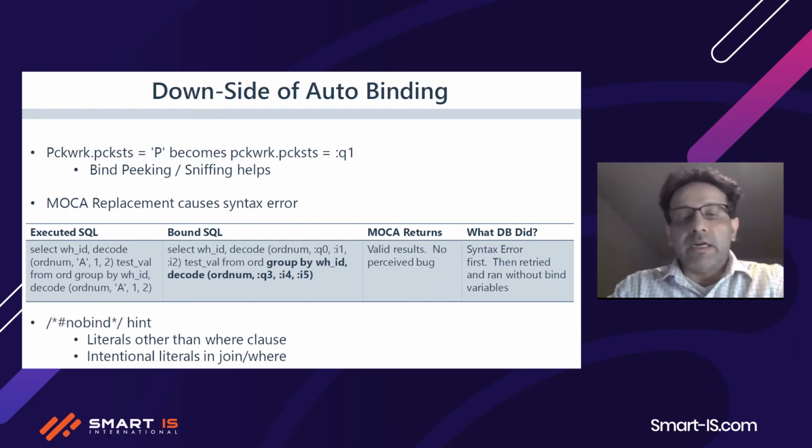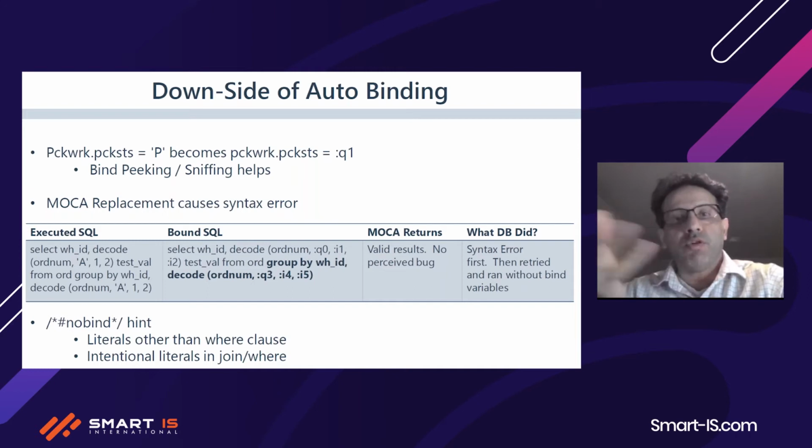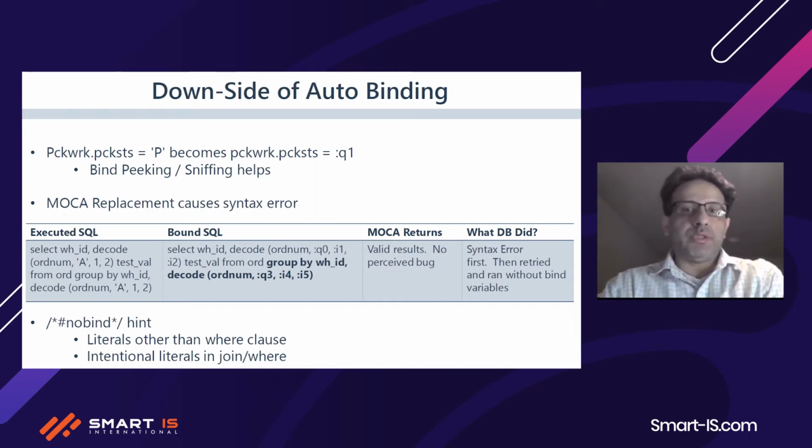But if Oracle or SQL Server does not know this nuance of our data, and the SQL is converted from pickwork status equals P to pickwork status equals :Q1, now the database does not know whether we should be using an index or not. As we know, a general principle is that if your SQL has a where clause which is going to resolve to, let's say, 80% of your table, then probably an index is not a good idea. That is a general principle we all know about: an index should be selective. So if your query is for P, then of course any database would properly choose a pick status index.